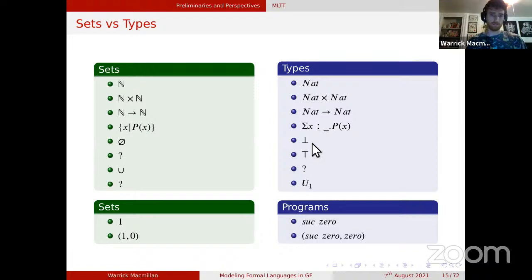Then we have some question marks. We have the bottom type and the empty set, which in some sense are filling the same role, but then there's no notion of a biggest set. So there's a question mark for what the top type is to be interpreted as in set theory. On the other hand, there's a union or an intersection of two sets, which is not listed, and we don't have that naturally in type theory.